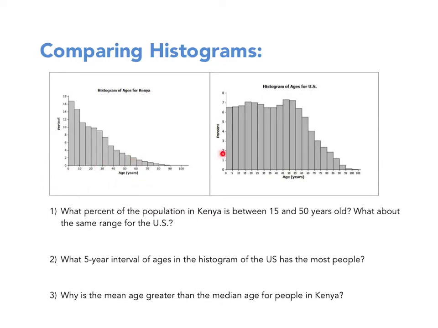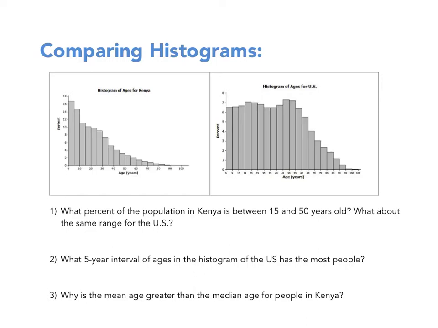It's the same setup for the histogram of ages for the U.S., but we can see that the scales are much different for the two histograms. This scale for Kenya goes all the way up to 18, while this scale for the U.S. only goes up to 8. And this interval goes by 5s, and each one is labeled, but this interval, while it also goes by 5s, each 5 mark isn't labeled. So you need to make note of that.